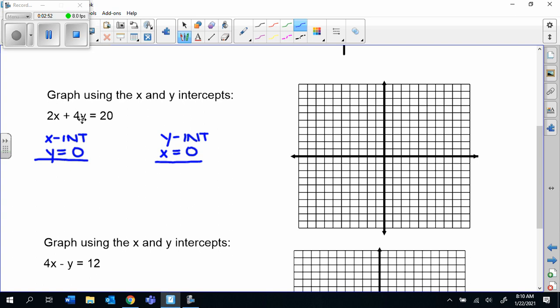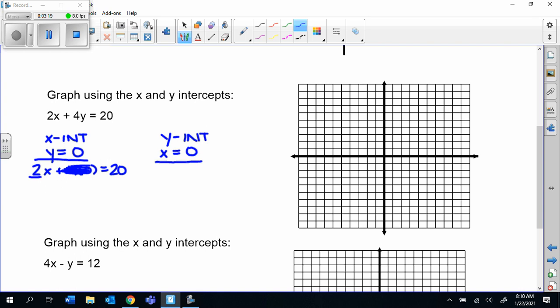So here we're literally just going to plug in a 0 for y. So 2x plus 4 times 0 is 20. And so anytime you multiply by 0, that just goes away. So what I was saying earlier is these work out really nicely if the coefficient in front of that x divides evenly into the back number, the constant, this 20.